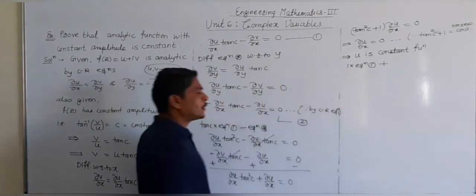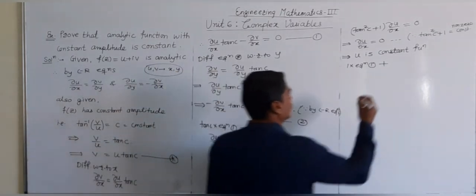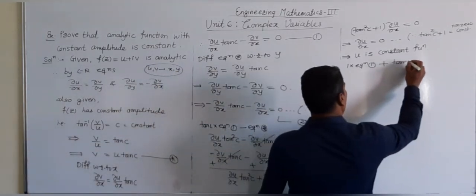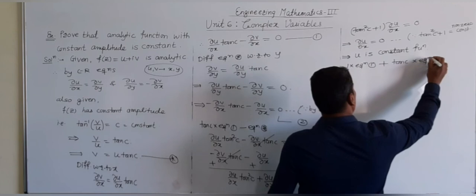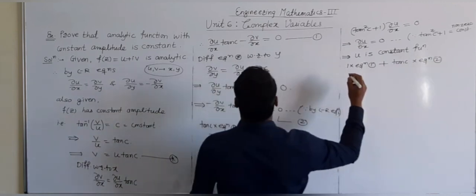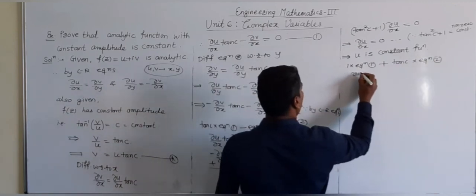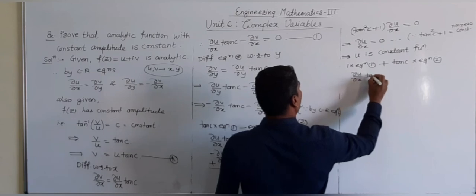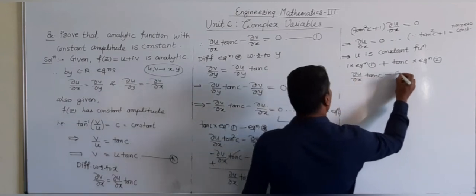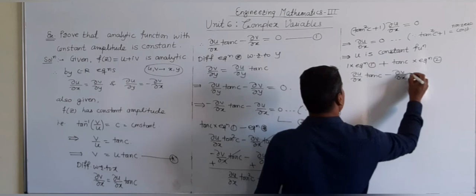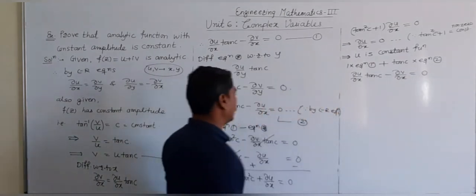both having opposite sign, so take addition. Multiply equation 2 by tan c; we get equation 1 as it is, that means partial derivative of u with respect to x into tan c minus partial derivative of phi with respect to x is equal to 0.